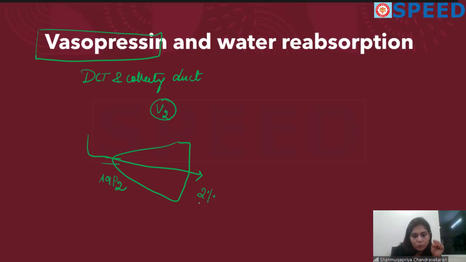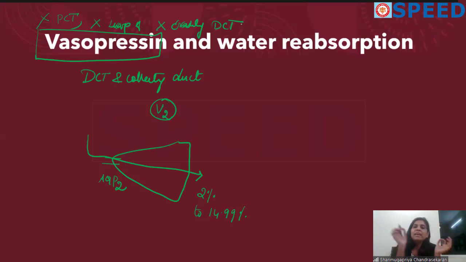Through these aquaporin 2 channels, it increases water reabsorption from 2%, which happens in the late DCT and collecting ducts in the absence of vasopressin, to 14.99% in the presence of vasopressin. Vasopressin has no effect on water reabsorption in the proximal convoluted tubule, no effect in any limb of the loop of Henle, and no effect in the early DCT.